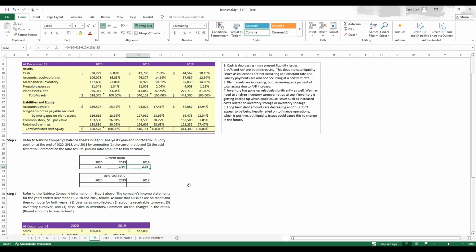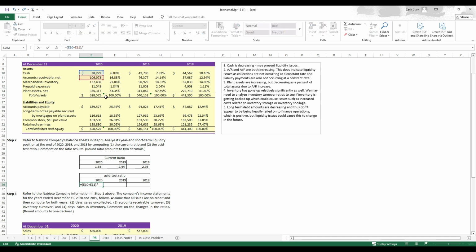Okay, and then when it comes to the acid test ratio, we look at what they call quick assets. In general, I'm going to do the parentheses just to start. Quick assets would be cash, accounts receivable, and if there were any, short-term investments, but we don't have any in this instance.